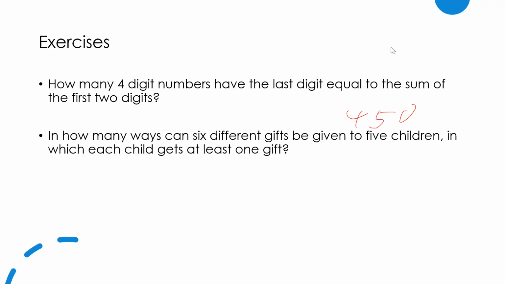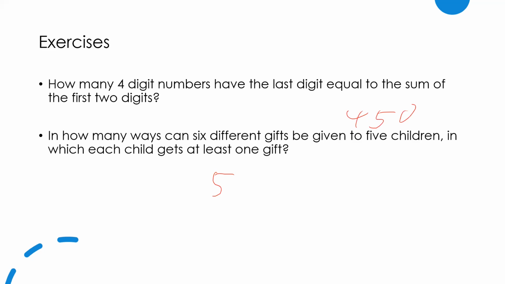Okay, for the second one, in how many ways can 6 different gifts be given to 5 children, where each child gets at least 1 gift? We know we have 1 extra gift, which can be given to any of the 5 children. So we can just multiply by 5, since we have 5 different ways we can give the extra gift to a child.